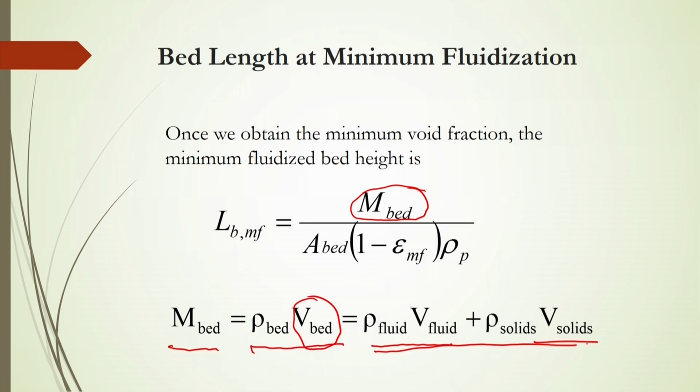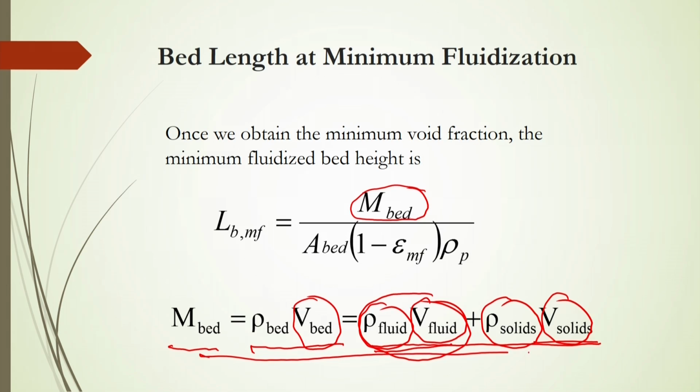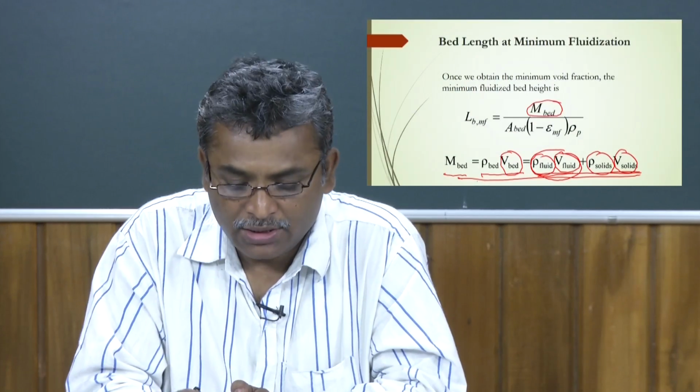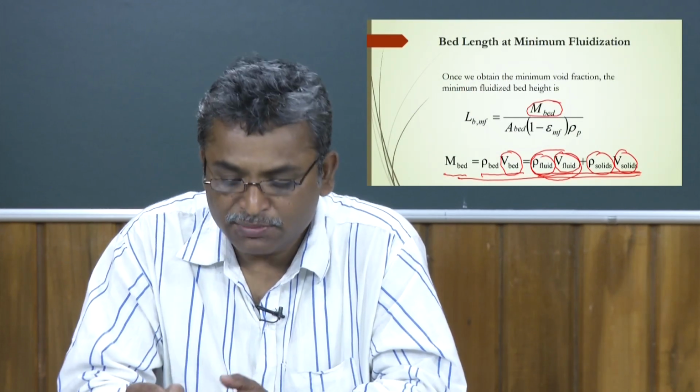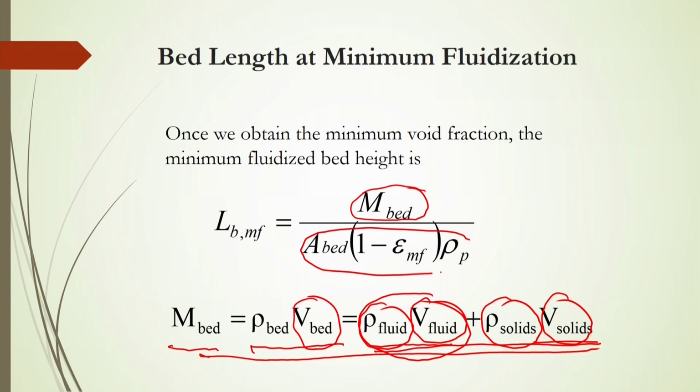If you consider only the fluid, mass is density of the fluid into volume of the fluid. Mass of the solid equals density of the solid into volume of the solids. From this you can calculate the mass of the bed. Once you know the mass of the bed, if you divide it by the area into density of the particle, you will get the minimum fluidized height.